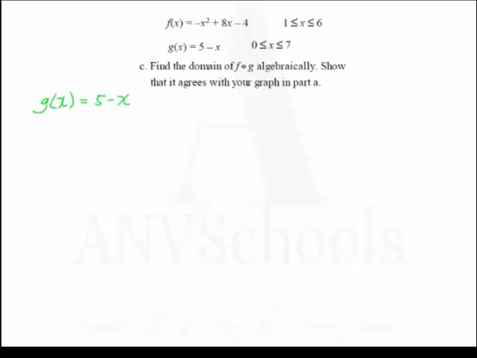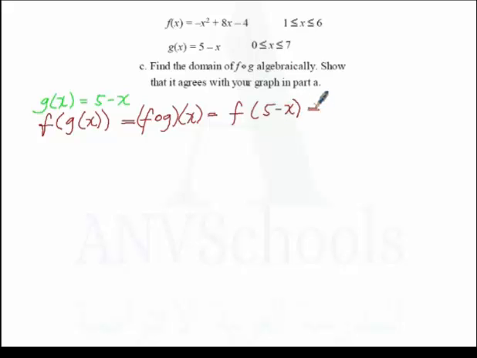Our f of g of x would be equal to f of, what is our g of x? 5 minus x. So f of 5 minus x. That will give us a computation which is of a totally different domain.